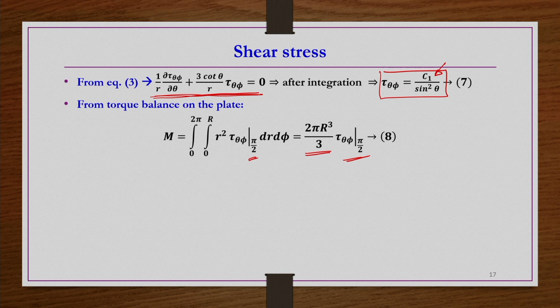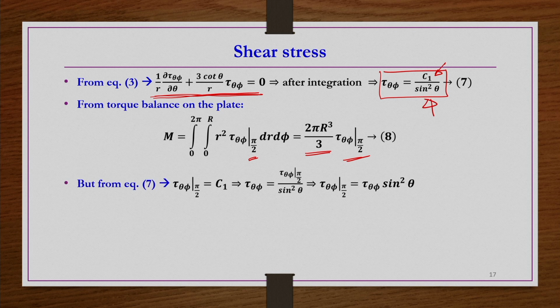This we still do not know, but we can make use of this equation to get that expression. So, from equation 7, tau theta phi at pi by 2 is nothing but C1, because sin pi by 2 is 1, so sin square pi by 2 would be 1.